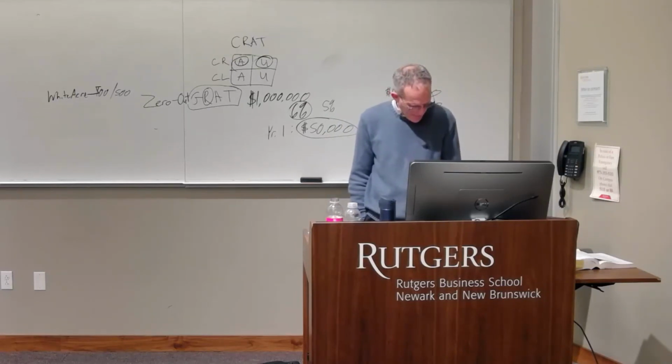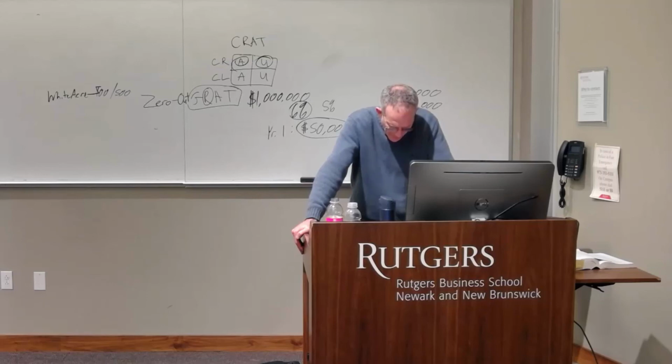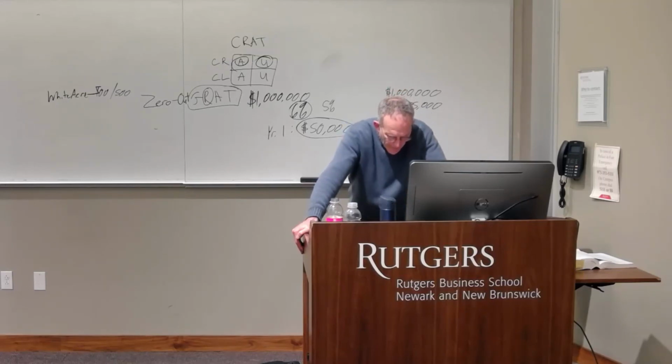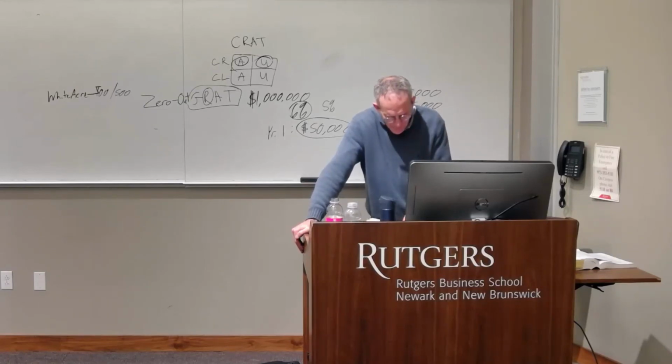Question 8D. In the CLUT, is there a maximum number of years? No, 4-letter word again. It must be for a fixed term of years or for life, but it can be for however long you wish. Is there a minimum payout? No minimum payout. So very different, right? In texture and feel.